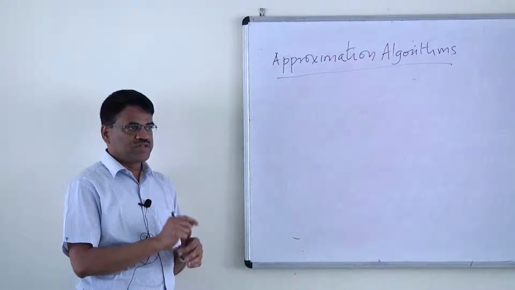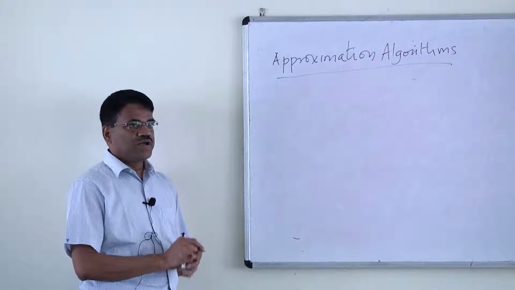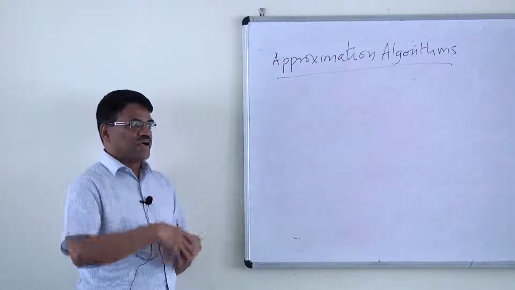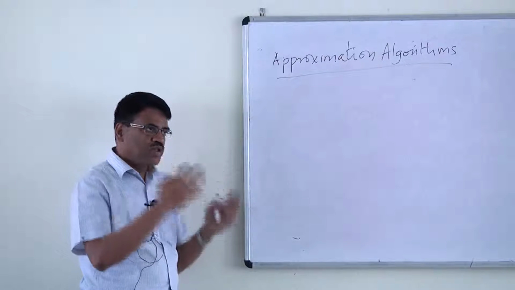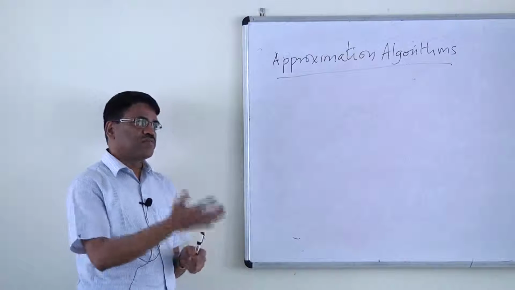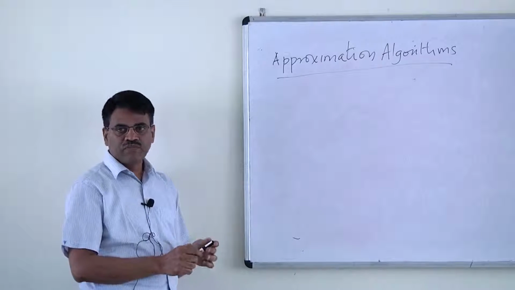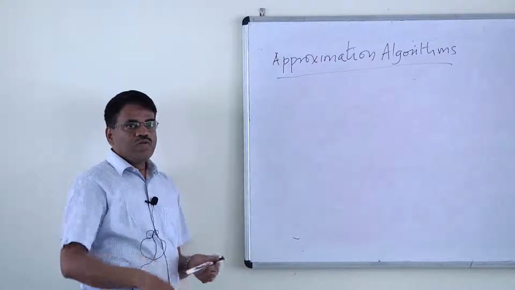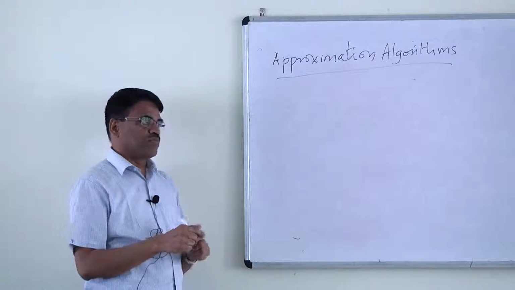So all of these optimization problems are NP-hard. You don't expect a polynomial time algorithm. So what do we do? We relax. I don't want the minimum vertex cover; give me something close to the minimum. I don't want the shortest traveling salesperson tour, but something close to the optimum.